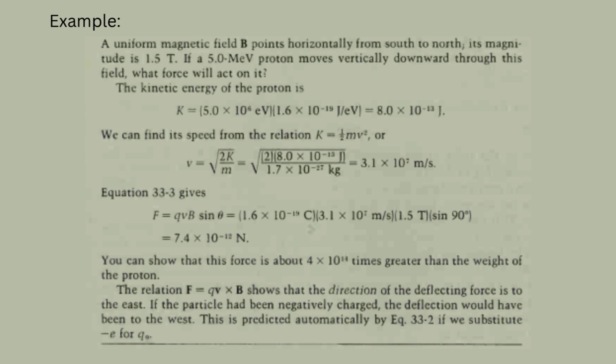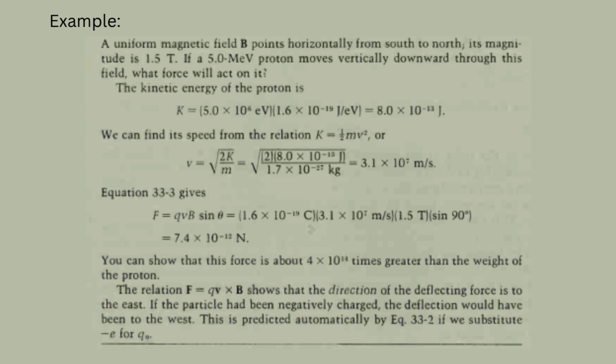We can find its speed from the relation K equal to half mv squared, or v equal to the square root of 2K divided by m. Then if we calculate this, we get 3.1 times 10 to the power 7 meters per second.